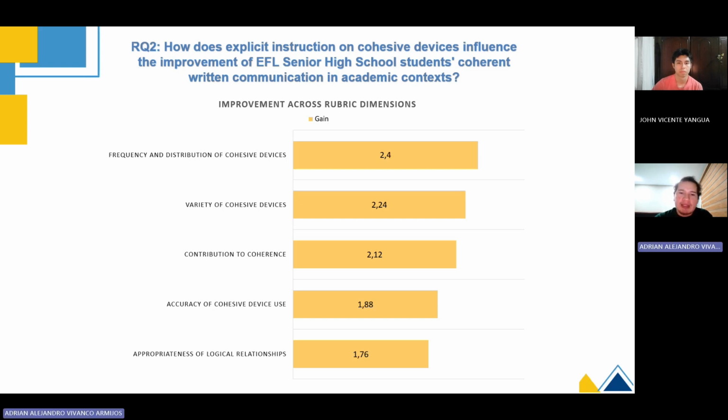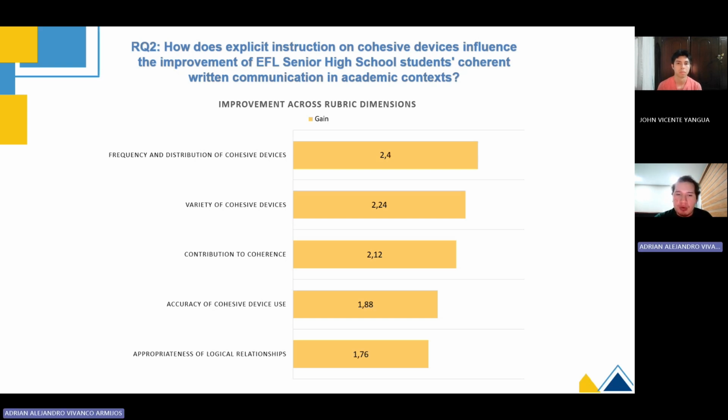Likewise, the variety of cohesive devices showed a gain of 2.24 points, suggesting that students expanded their repertoire of connectors and selected them more appropriately according to the communicative purpose of their writing.